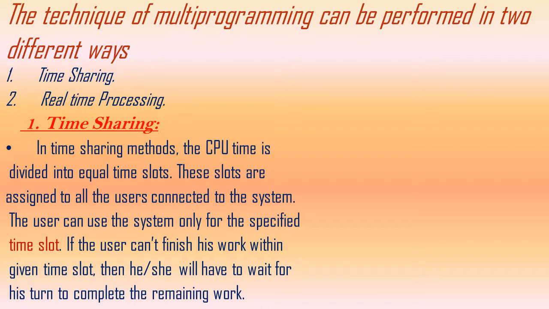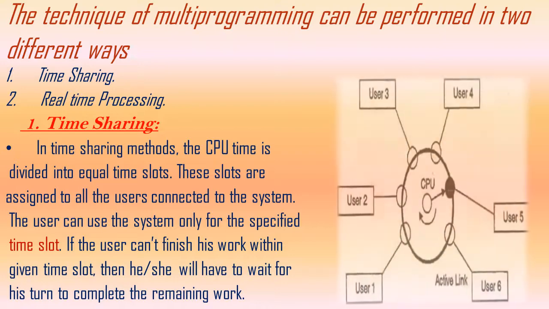These slots are assigned to all the users connected to the system. The user can use the system only for the specified time slot. If the user can't finish his work within a given time slot, then they have to wait till the completion of the whole process. Equal time will be given for all the jobs. They need to complete the work within the given time.